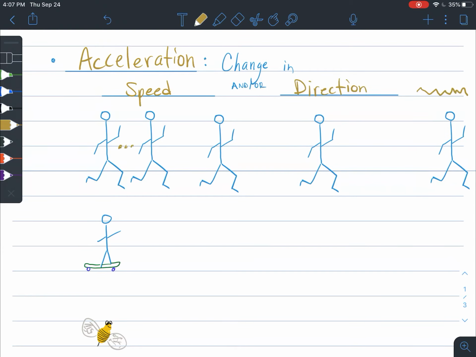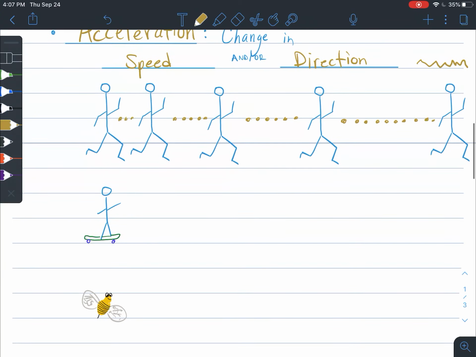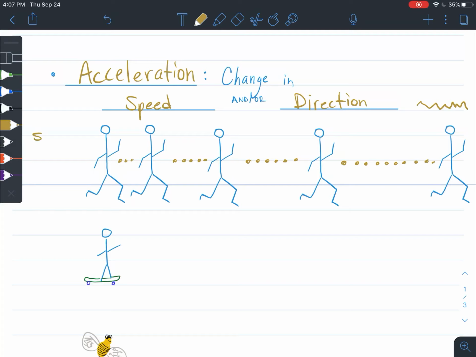So the way that I'll draw this, I'll draw some little dots in between this to show that there's more distance traveled over the same amount of time. So therefore this person is obviously speeding up. So here, let's label this one as, over here I'm going to write speeding up equals a type of acceleration.